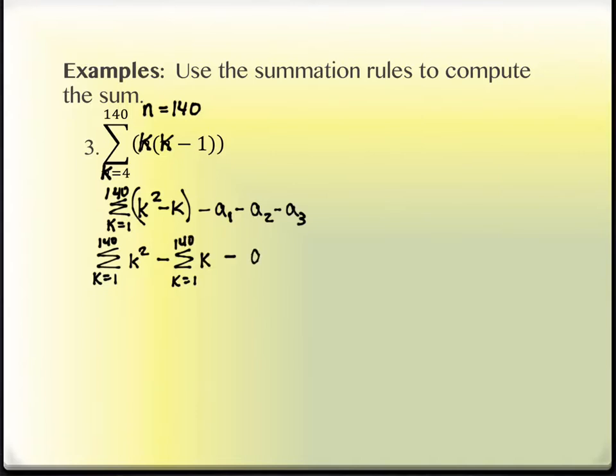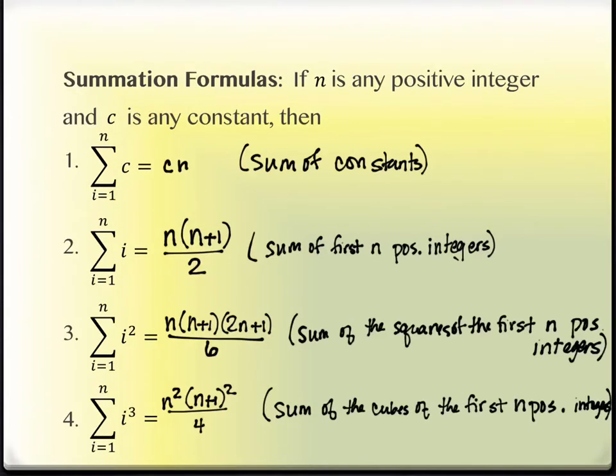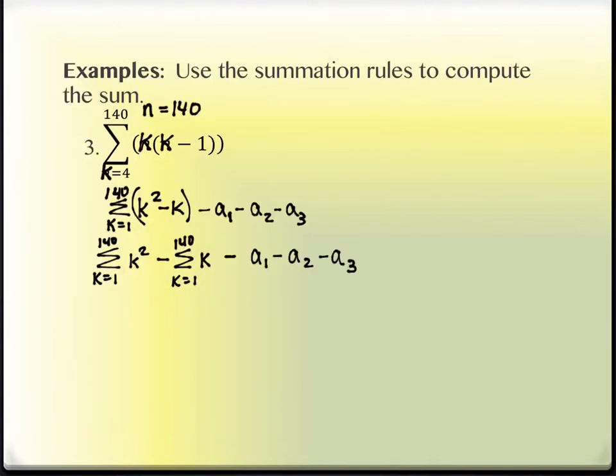And then I'm going to subtract off a1, a2, and a3. All right, so the formula over here for k squared is the i squared one. I take n times n plus 1 times 2n plus 1. So n is 140. n plus 1 is 141. What is 2n plus 1?